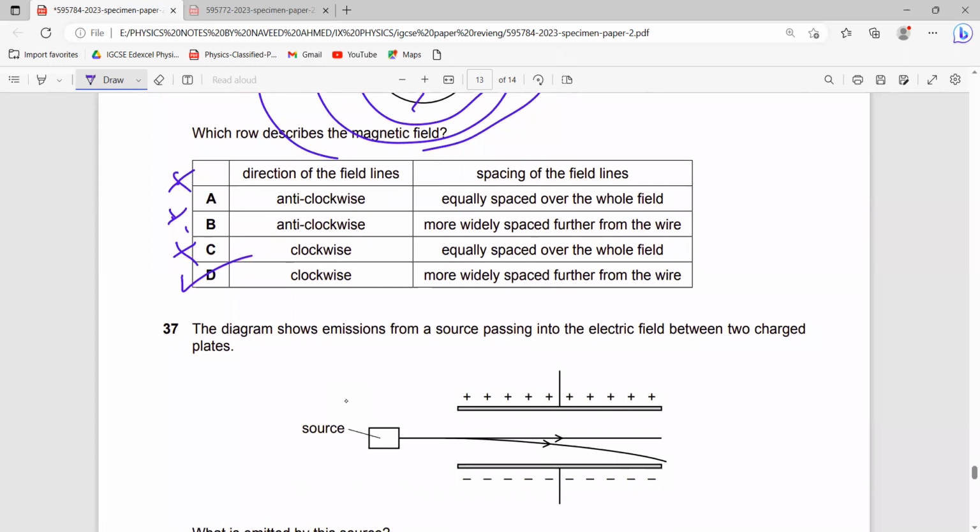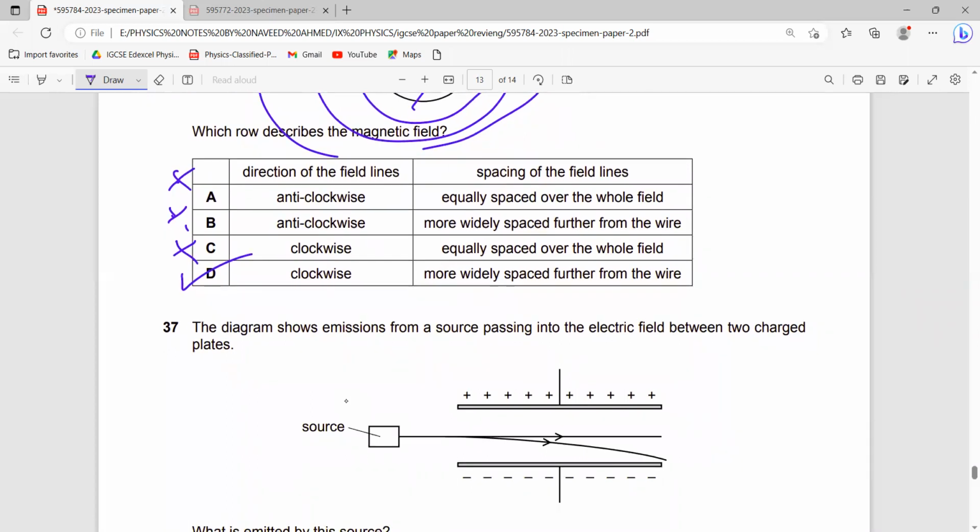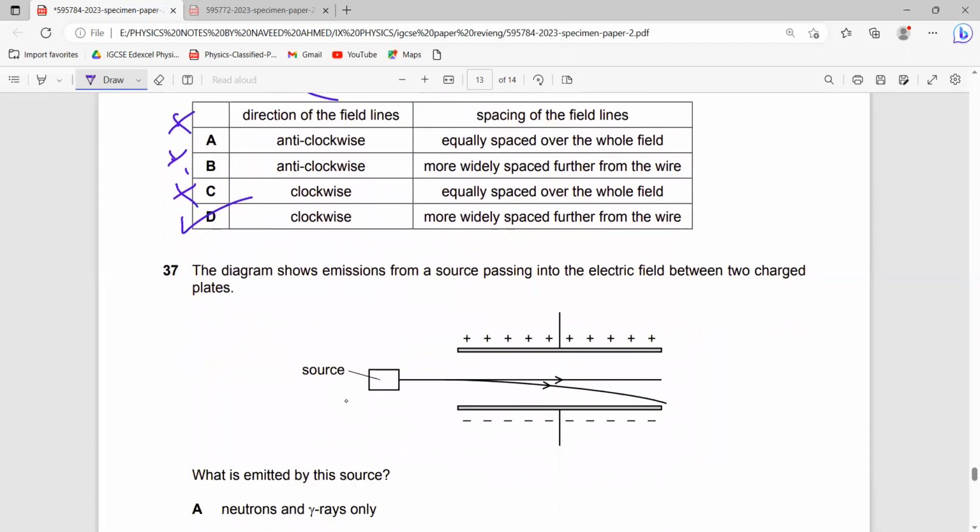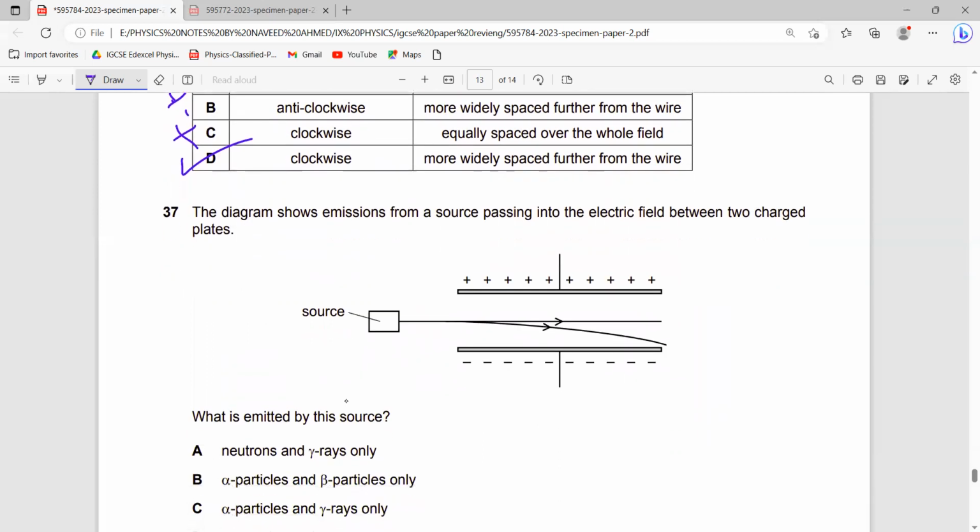Okay, the next diagram shows emissions from a source passing into the electric field between two charged plates. As you can see, there are two rays. One is moving straight, one is moving down towards the negative plate.